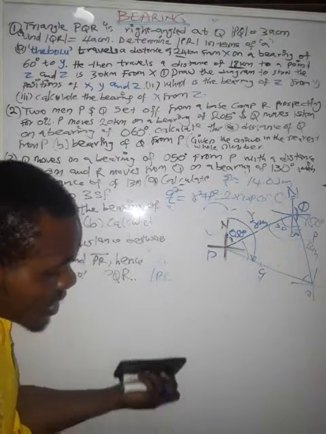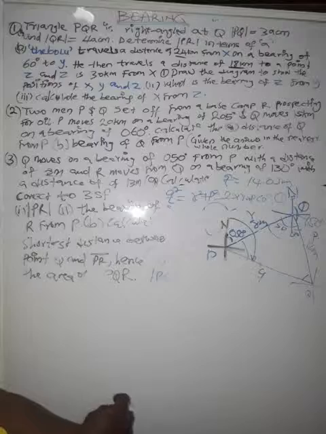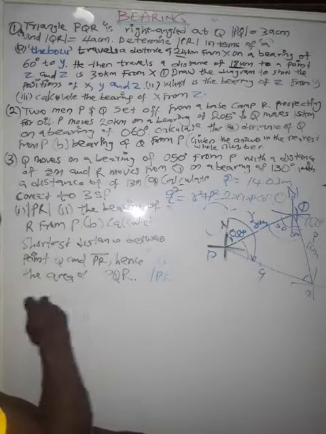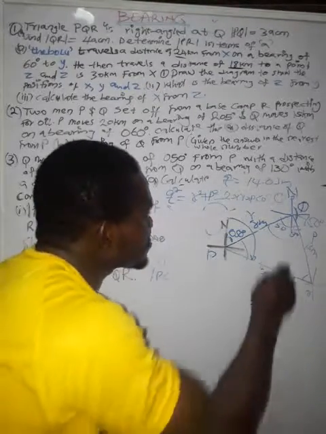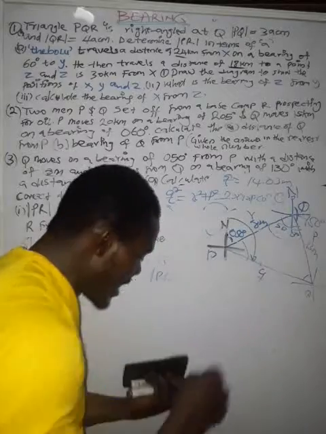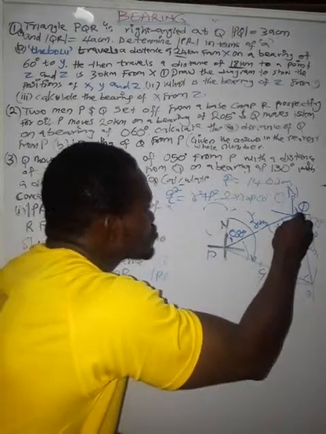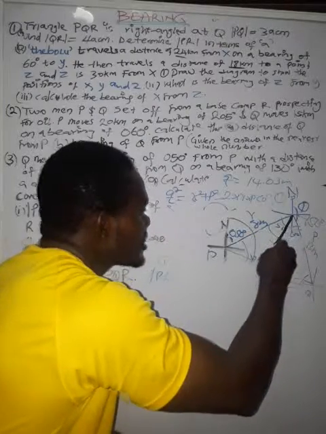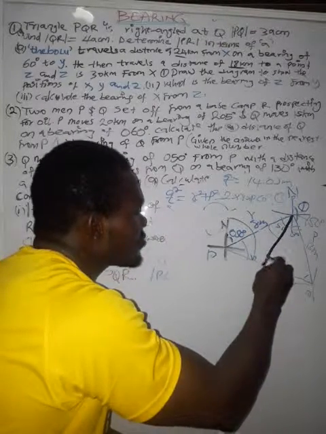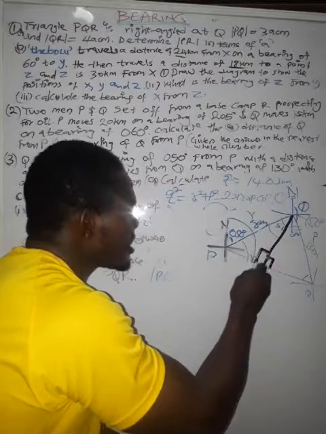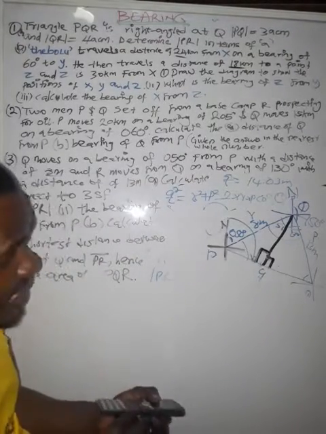Then from there you continue. You join a line from the point Q to the other lines. From this line, draw a line here, of which here will be 90, here also will be 90. So are you getting it now?